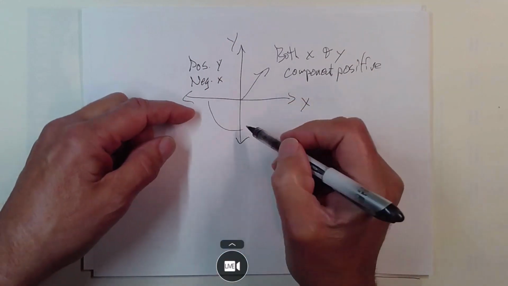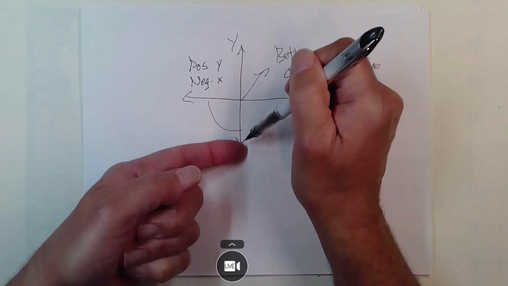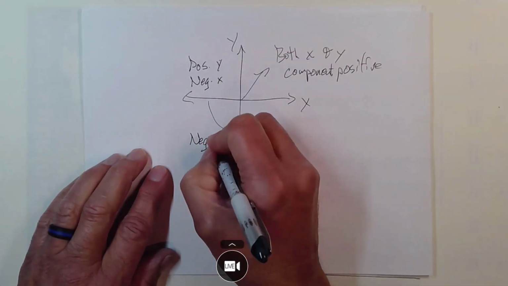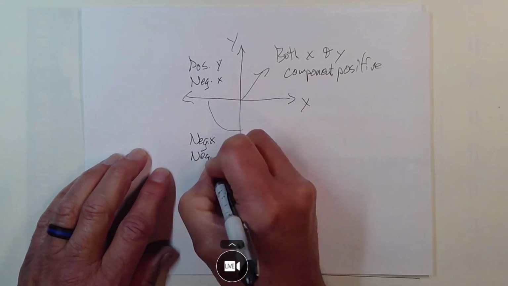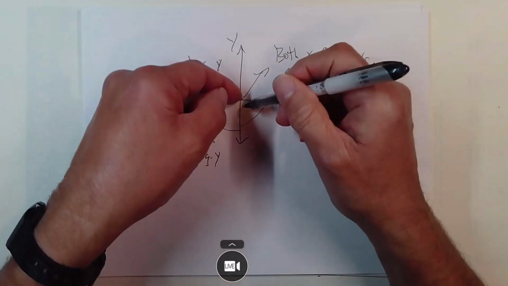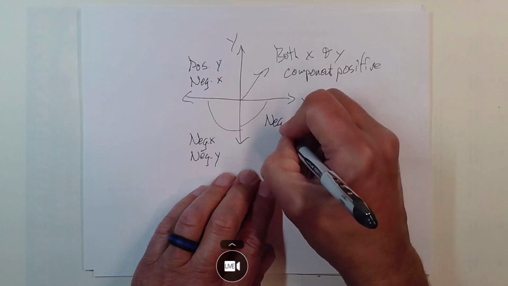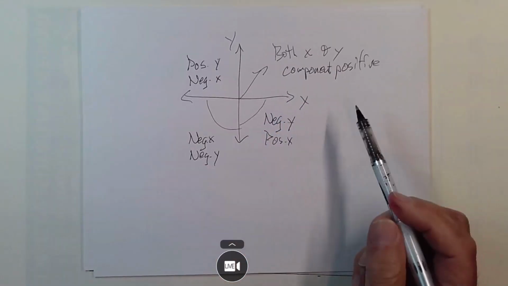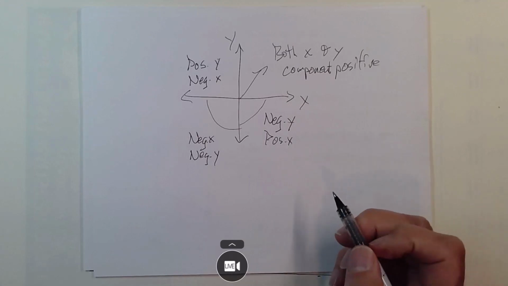Vectors down here, well, x is negative, y is negative, so they have a negative x and a negative y. Vectors in this region, they've got a negative y but a positive x. And just think about that when you're given values of vectors and things like that.